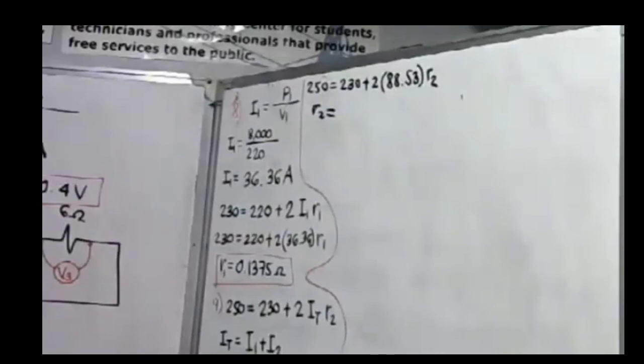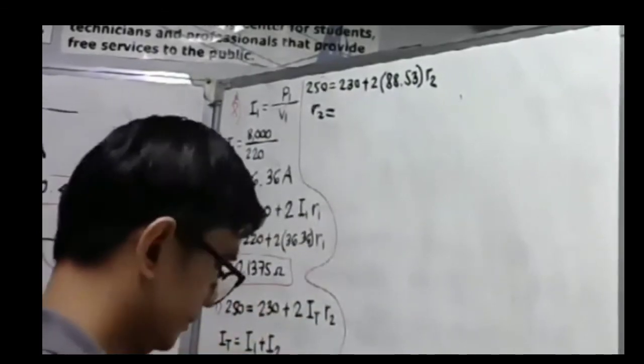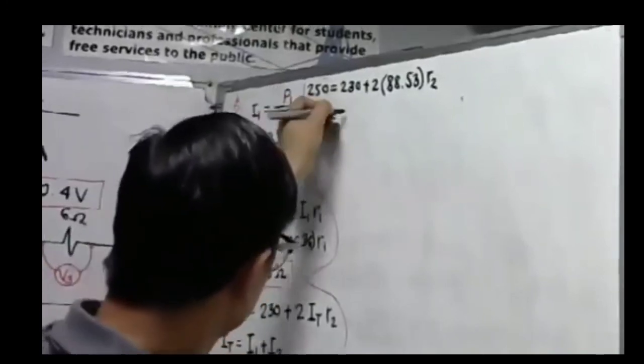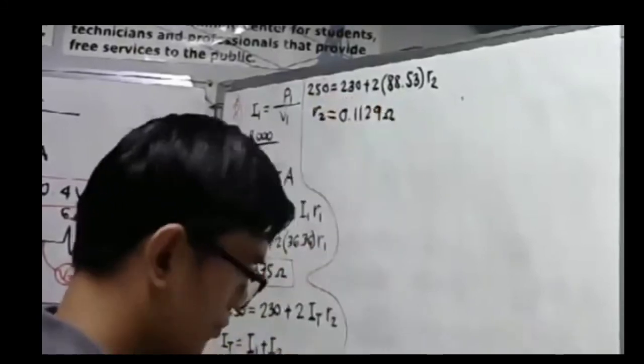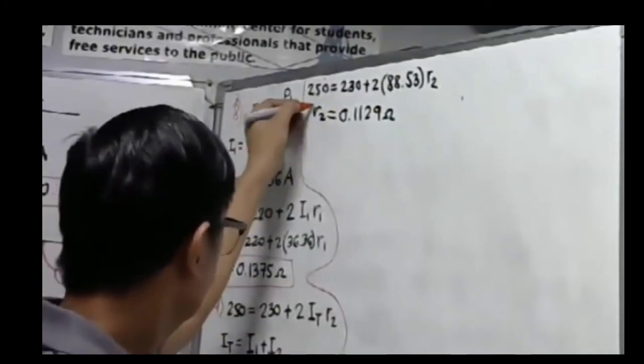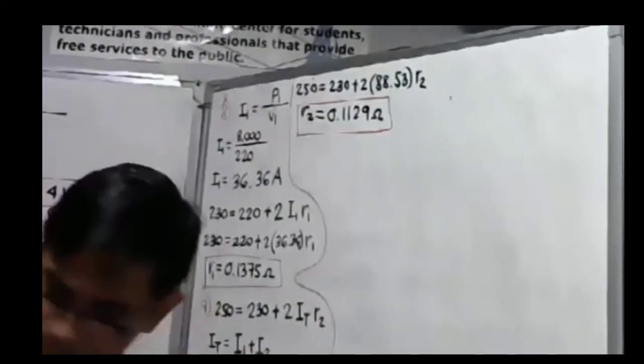Then alpha, close parenthesis, then shift calc equals. Okay? So my answer here is 0.1129 ohm.